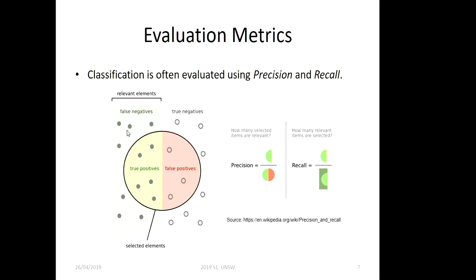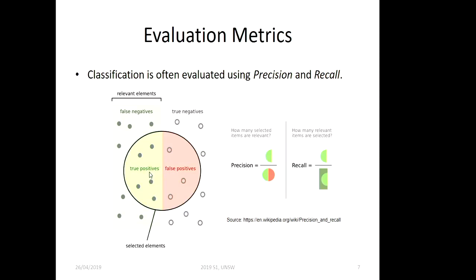One dot represents one data. If it's just a classification problem, for example, you just want to classify whether this biopsy represents cancer or not cancer, then that becomes a binary classification problem. Once you do this classification, some are cancer, some are not cancer.